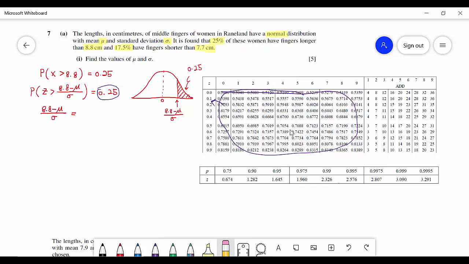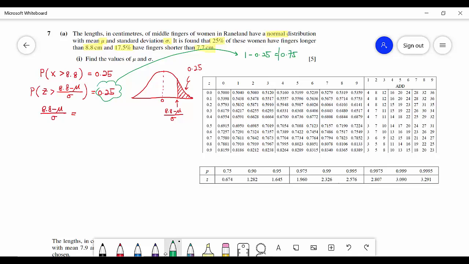So what you need to do now is take 1 minus if you face this case. Instead of using 0.25, I will try to find out the value for 1 minus 0.25, which is 0.75.